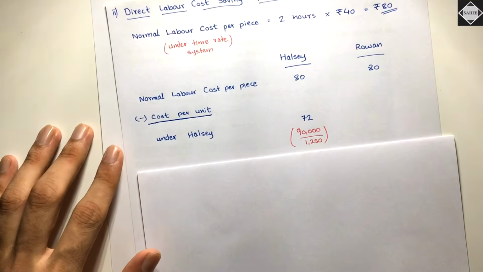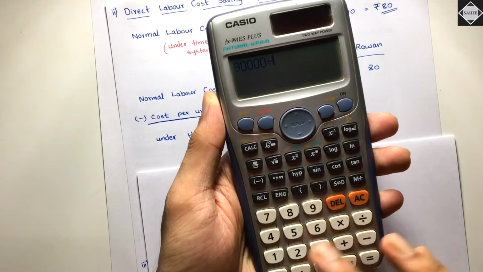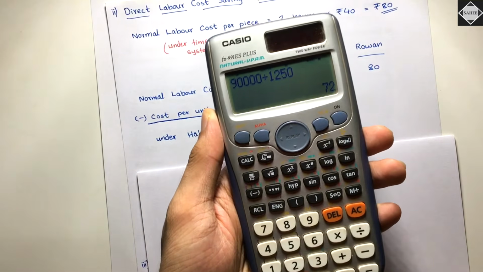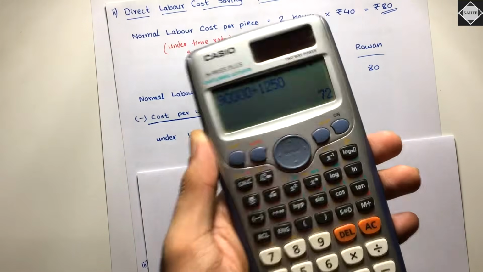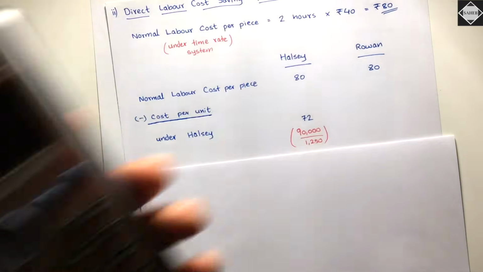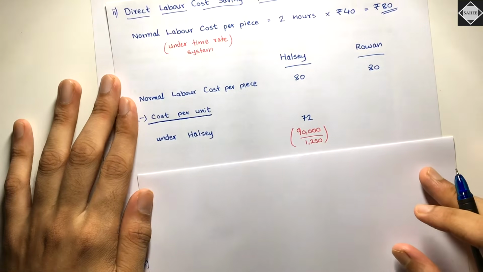So 90,000 divided by 1,250 is 72 rupees per piece. Cost per piece is 72 rupees under the Halsey plan. Is it clear? Did you understand this?